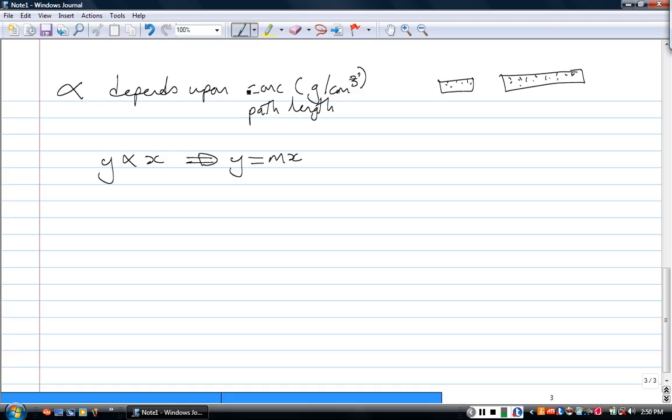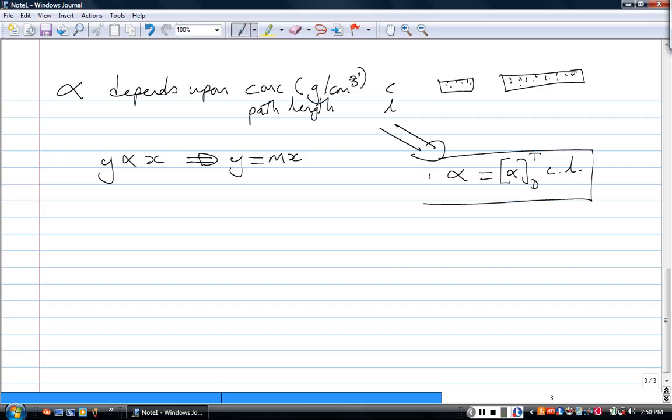So if alpha depends upon concentration and path length, I can write that alpha is equal to some constant, which we're going to call the alpha Td, times C times L, right, this equation.